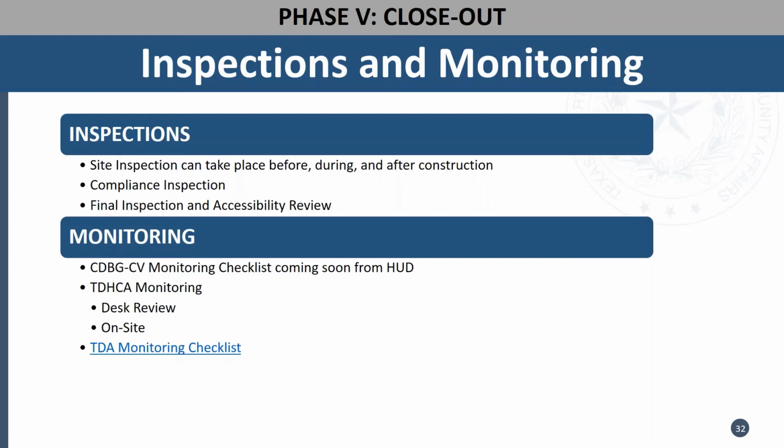Monitoring: a checklist will be coming soon so that you know what we will be monitoring for. This can include a desk review and an on-site monitoring review by TDHCA. And here we have a TDA monitoring checklist that you can look at, that we will be referring to in our own checklist. Next slide.